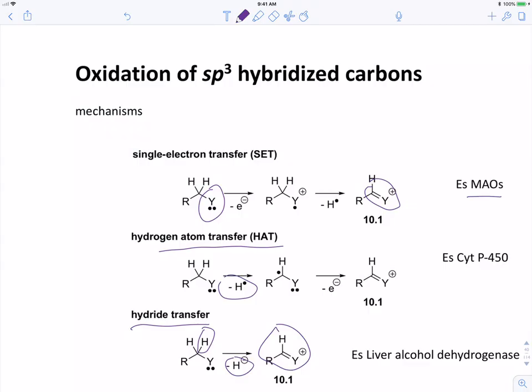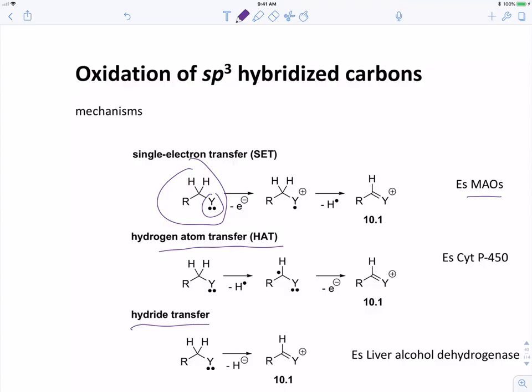Okay, let's look a little bit at the mechanism of action for these drugs. We have different possibilities. Ultimately all these mechanisms end up with the same product, but we are starting from a molecule that contains a carbon skeleton and a heteroatom of some type with a lone pair on it.